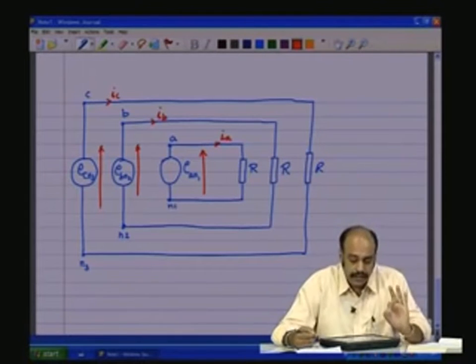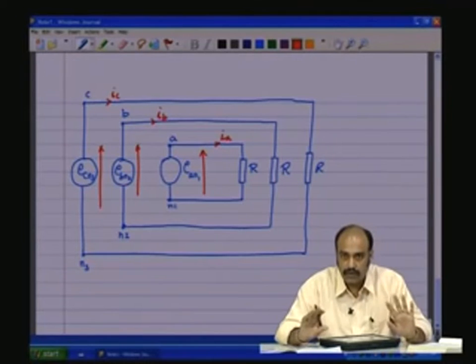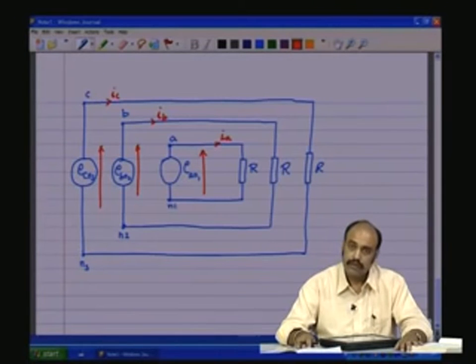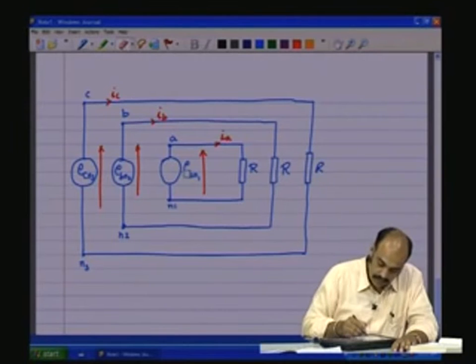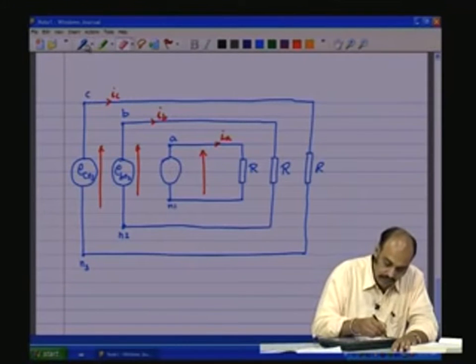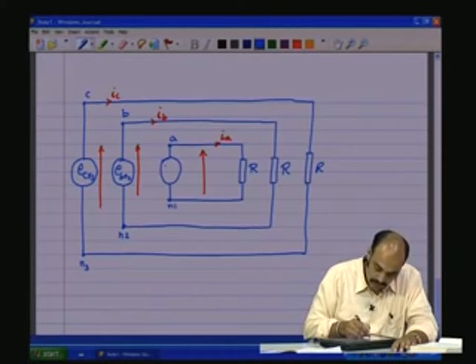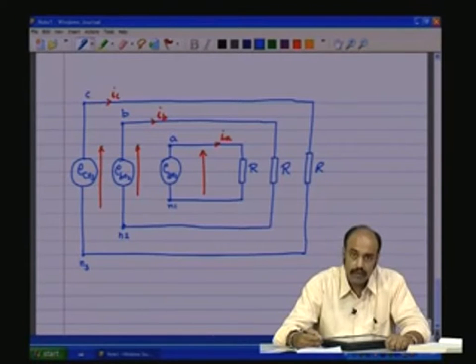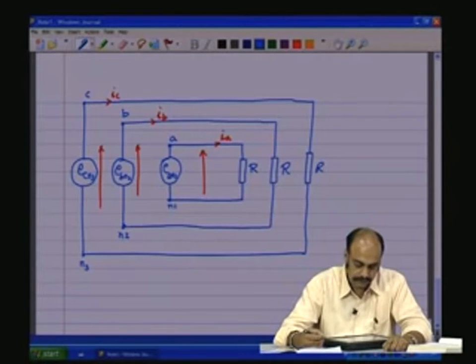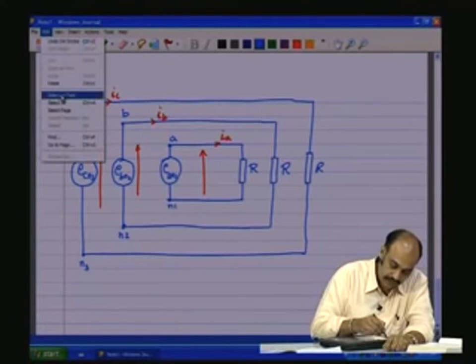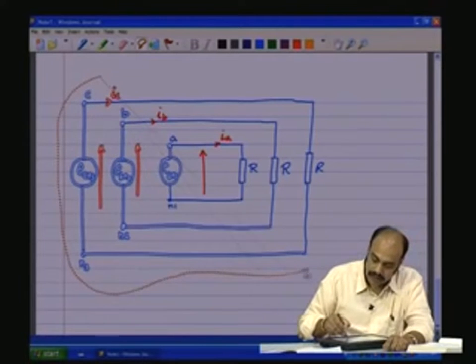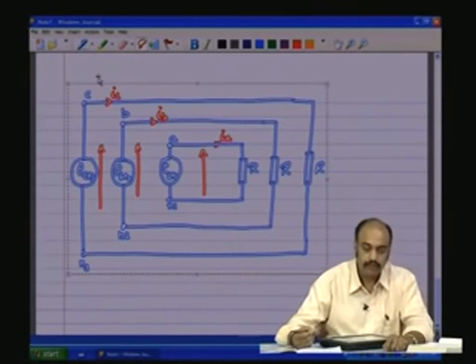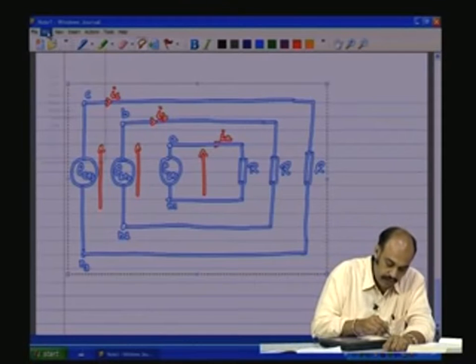So, you see there are 3 sources, they are not at all linked electrically, they are absolutely independent of each other, each of them supplying their own loads. Now, suppose let us apply some constraints. So, what are the constraints? Let us make the amplitudes of the voltages same for all the 3.